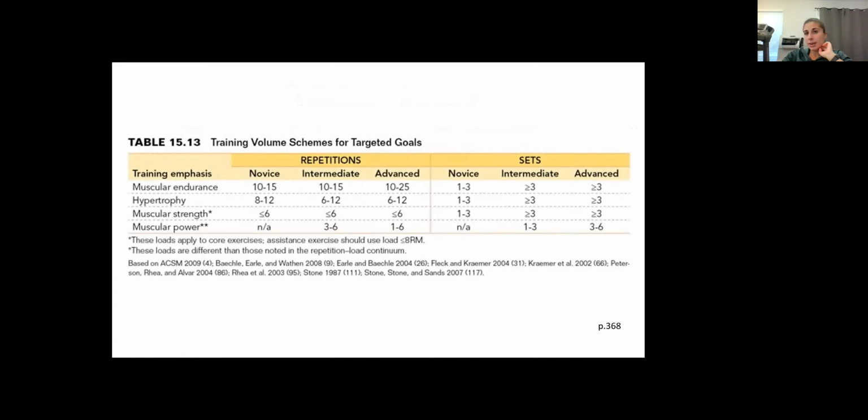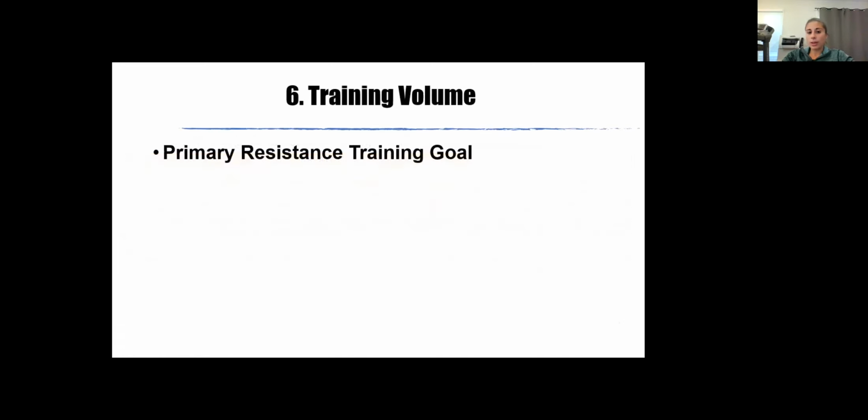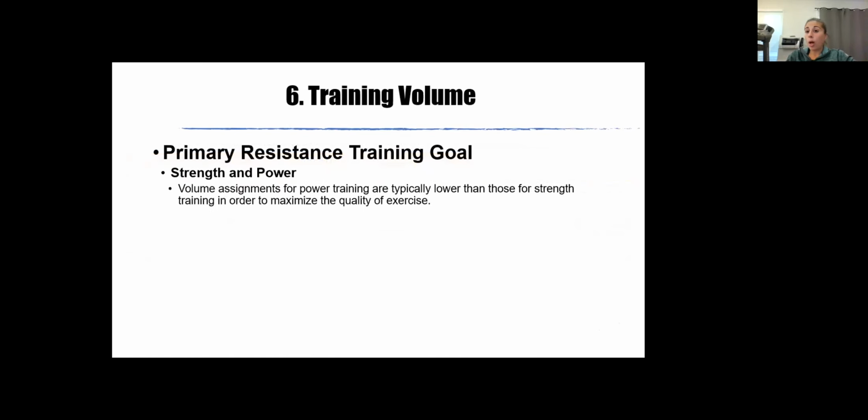We have some caps here because the idea with power is we need to focus on good technique and the quality of each repetition. Whereas with strength, you're just trying to lift as much weight as you can. Yes, you need good technique, but think of a power clean versus a deadlift: the power clean takes a lot more technique.